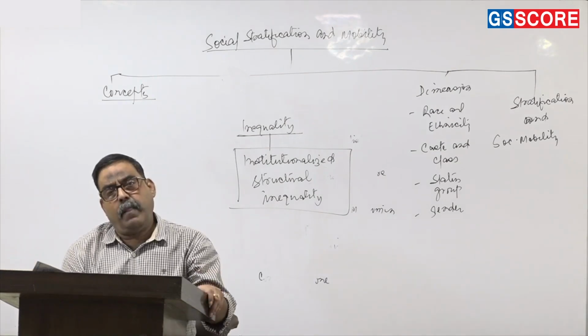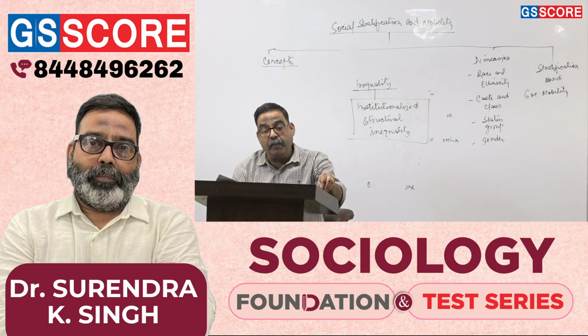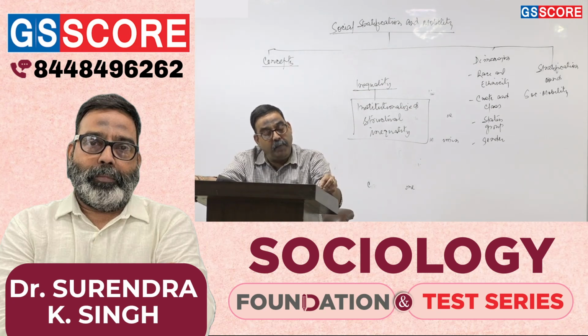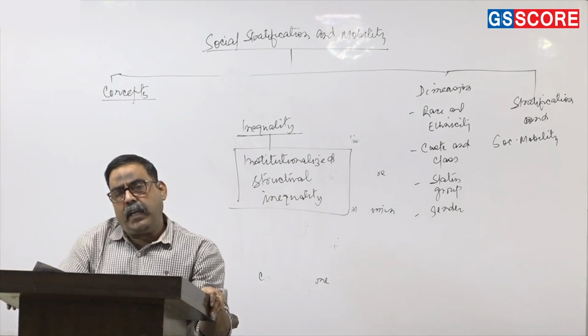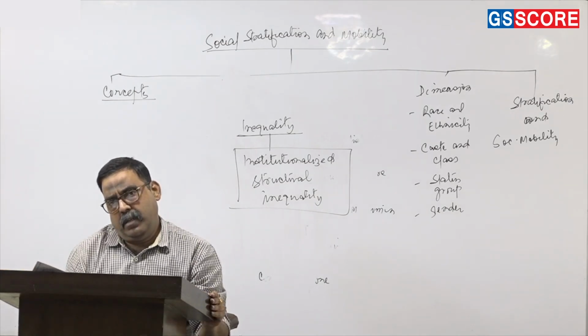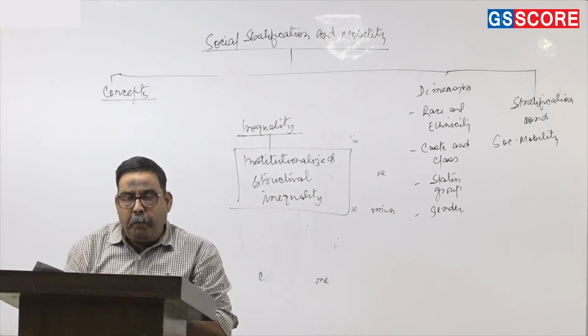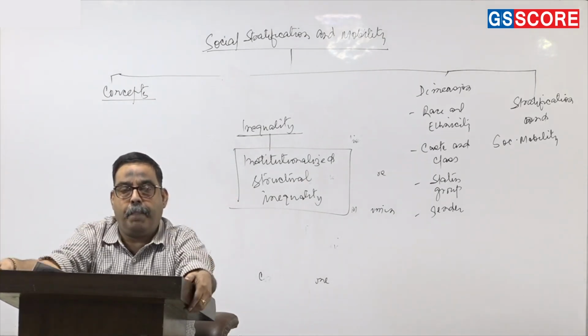Though like Marx, Weber does agree that class is based on a given objective economic criterion. Class is based on given objective economic criteria. But the way Marx has made social and political dimensions enveloped by economy, encapsulated by economy, Weber separates it.